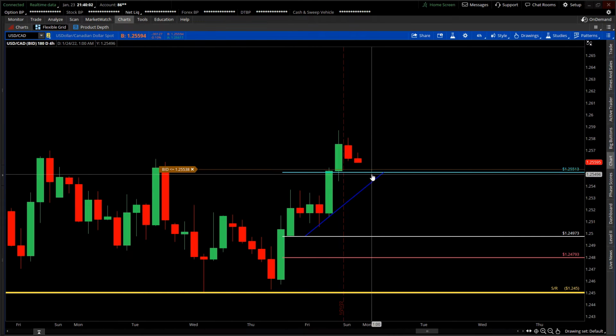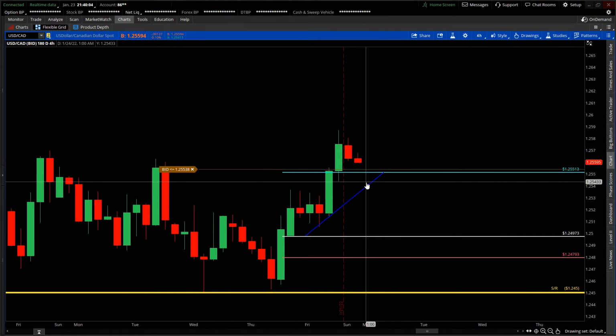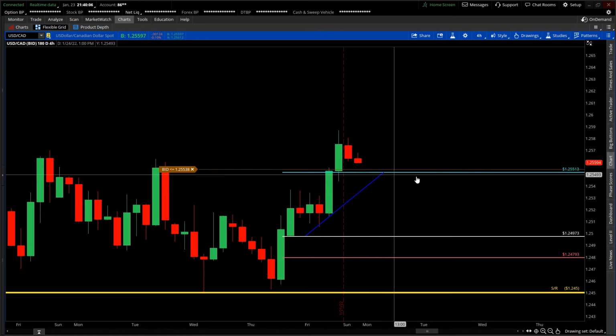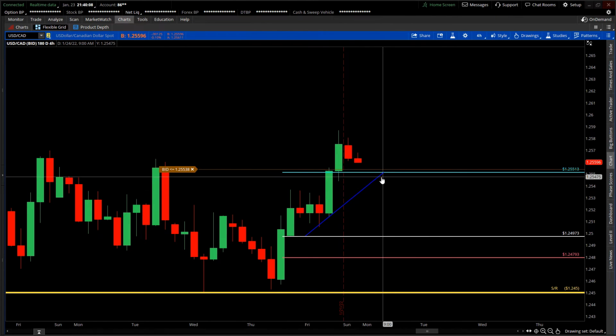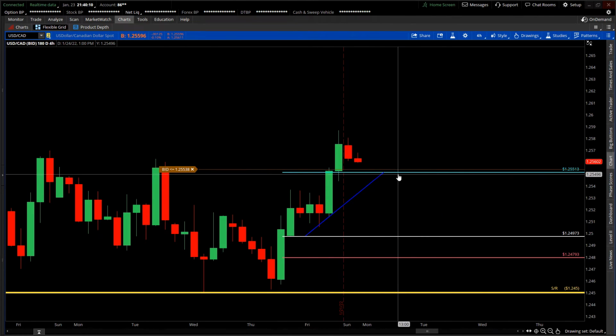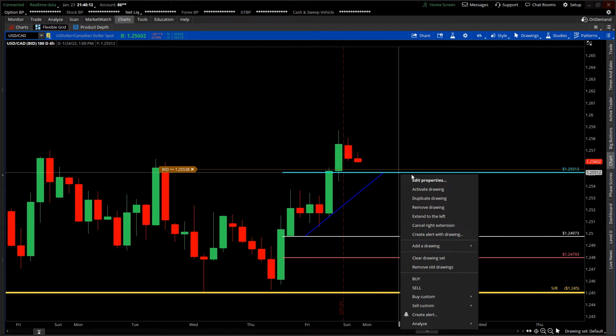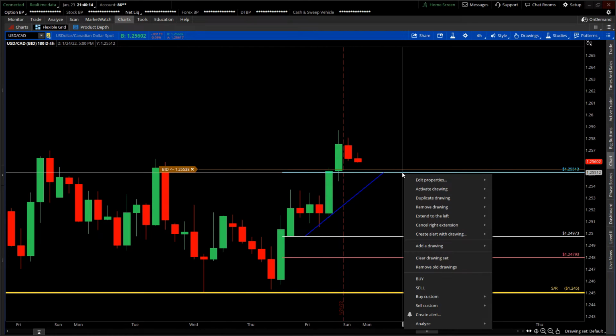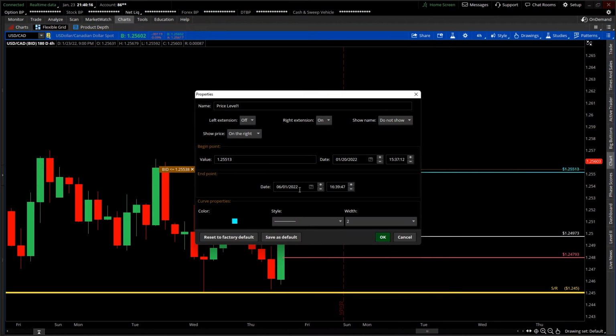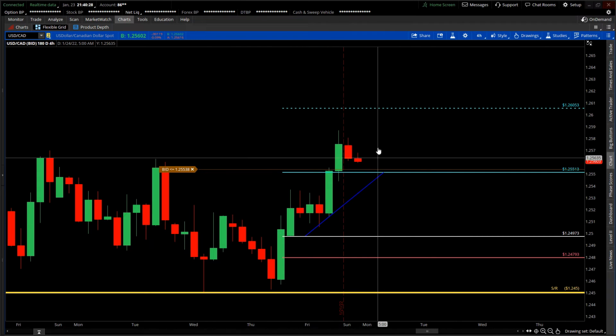So if price does hold up, I don't even mind if price pulled back slightly, even below this. Now my new target is a 6x return. So this is a new price target that I'm looking at. So it's 1.26053 right here.